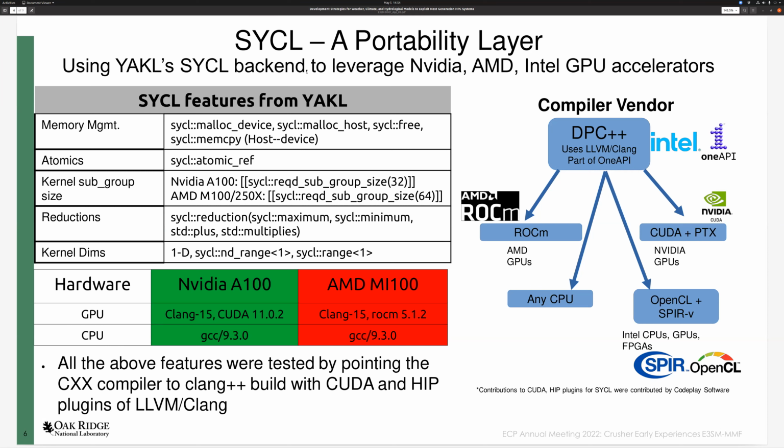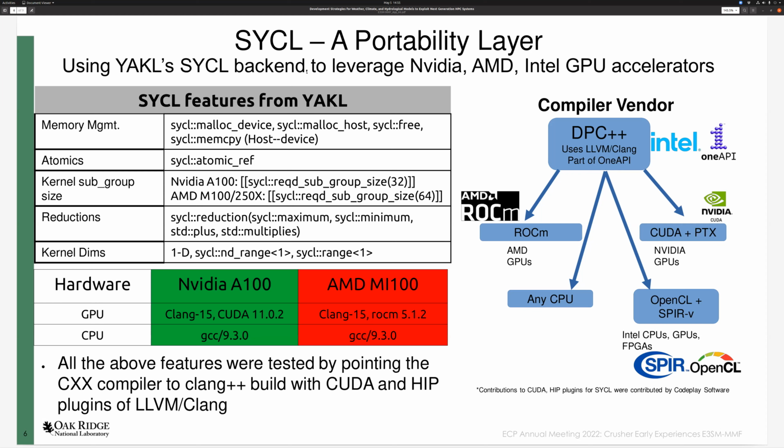There are quite a few caveats, and I just point out here that there is a need to specify the subgroup size, which is nothing but warps on NVIDIA architectures and wavefronts on AMD architectures. These are the minor details that one needs to tweak for any non-Intel hardware.